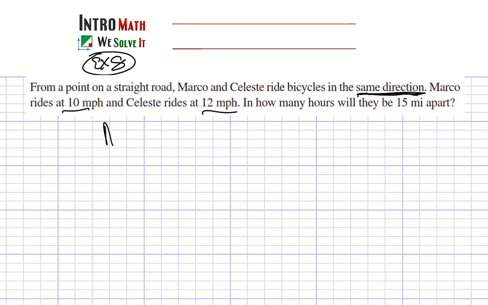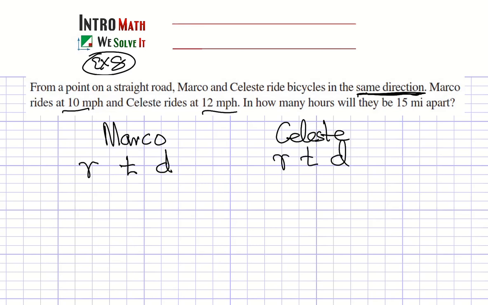For Marco, you gotta make a chart for Marco. You make a chart for Celeste, okay? And then you say, let's list the stuff. You have rate, there's time, there is distance, okay?